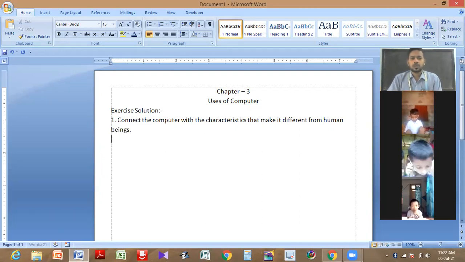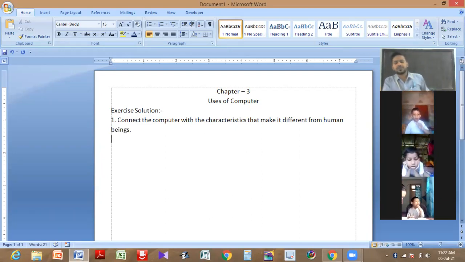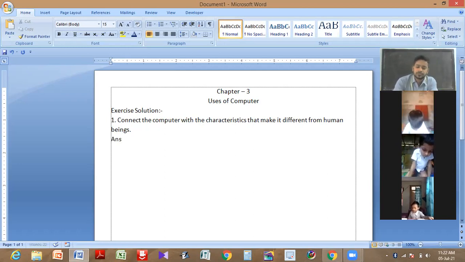Now, out of these five, which are given in the book, A, B, C, D, E, which are the characteristics that make a computer different from human beings? So the answer is, now before writing the answer, let us discuss one by one. The first one, it makes mistakes sometimes.